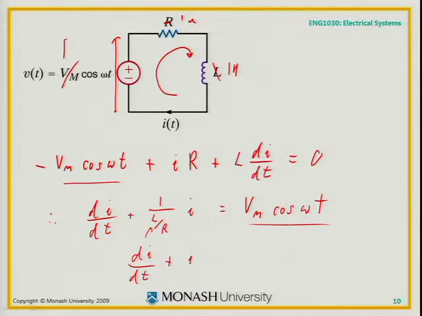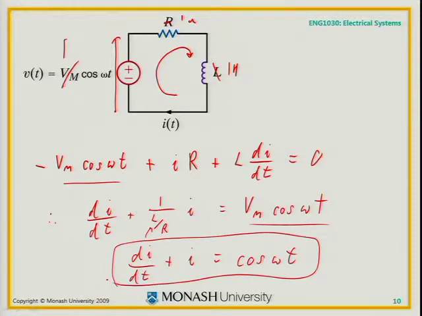I get di dt plus i equals cos omega t. And I want to solve that differential equation. Remind myself what it was. di dt plus i equals cos omega t.